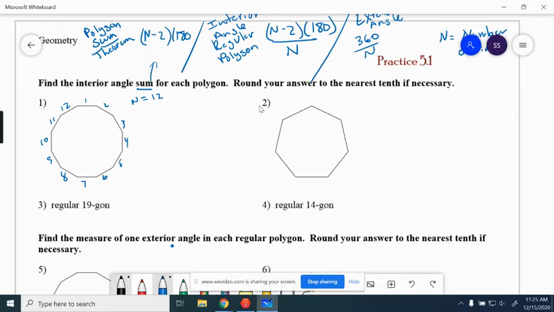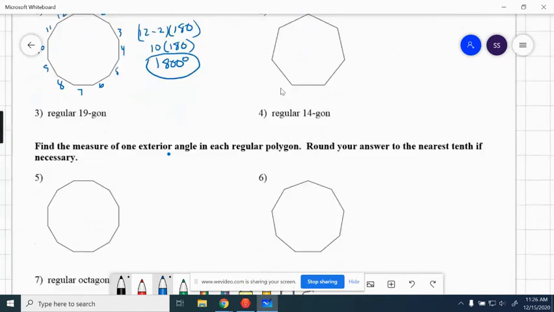I plug it into this theorem here. 12 minus 2 times 180. 12 minus 2 is 10. 10 times 180 is 1800. All right, so the total here, my interior angle sum for number one is 1800 degrees. All right, you guys can do the rest of those. The only thing that's changing for 1 through 4 is the n.